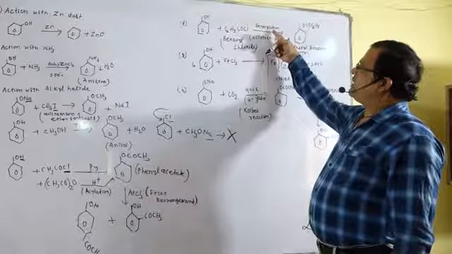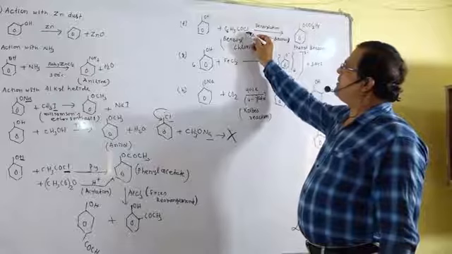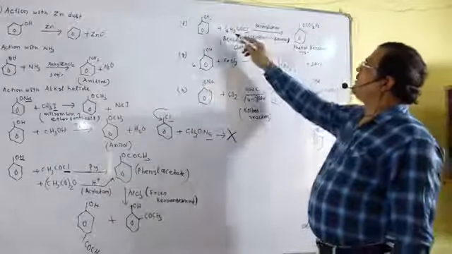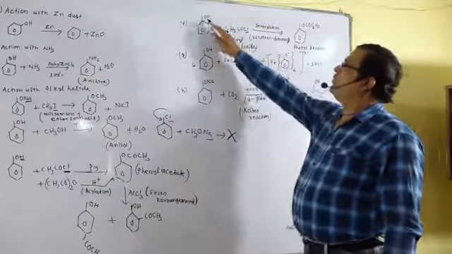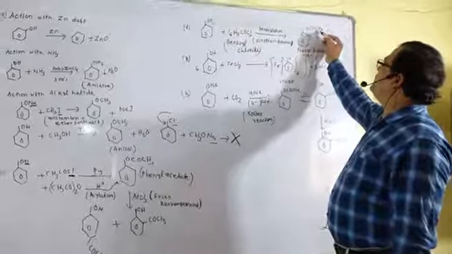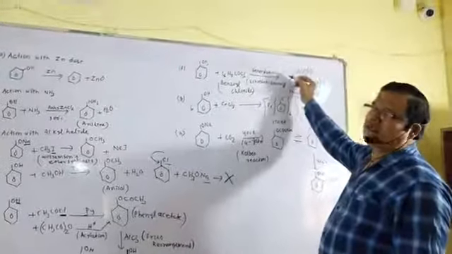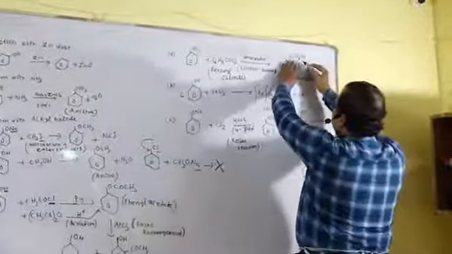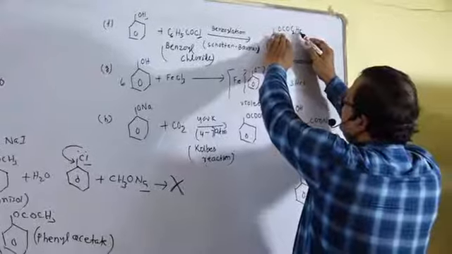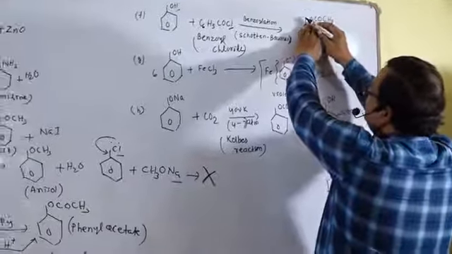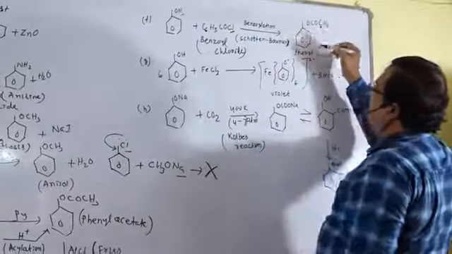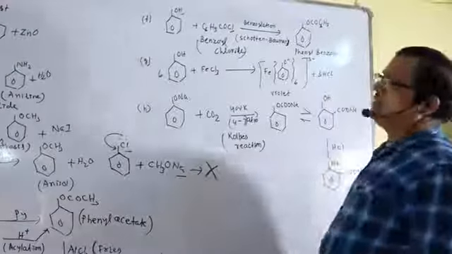It is the same type of reaction, the Cl part and H part are removed in the form of HCl. So there is the formation of benzene with OCO-C6H5. Then how to name this compound? C6H5COOH is benzoic acid. H is replaced by the benzene ring, so it is phenyl benzoate.